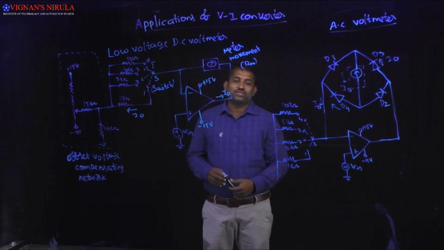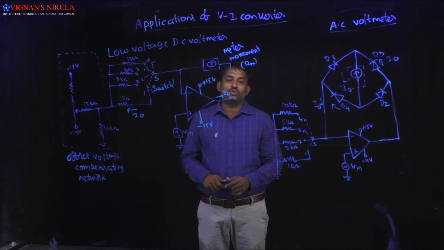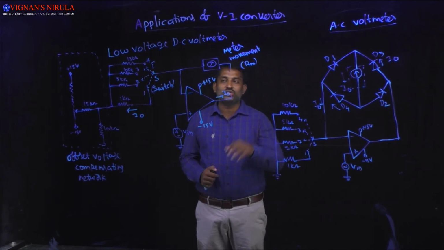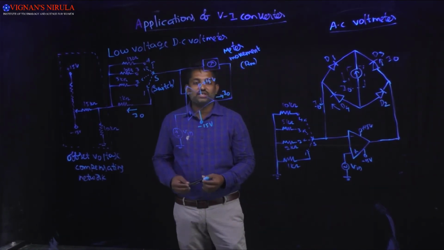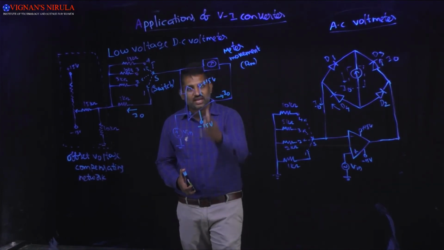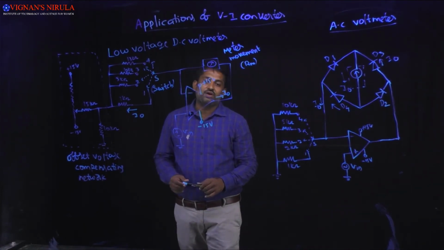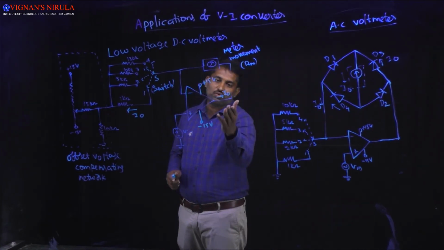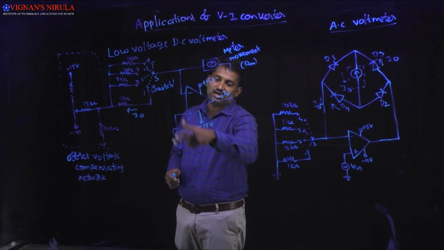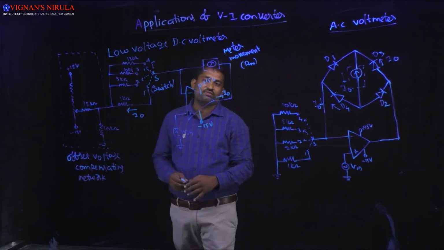Coming to the first application, the V to I converter will be used as a low voltage DC voltmeter. In this case I am considering the floating type V to I converter. Yes or no? Why? Because this is the floating type V to I converter.